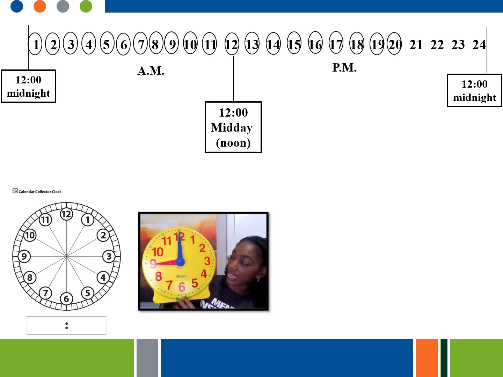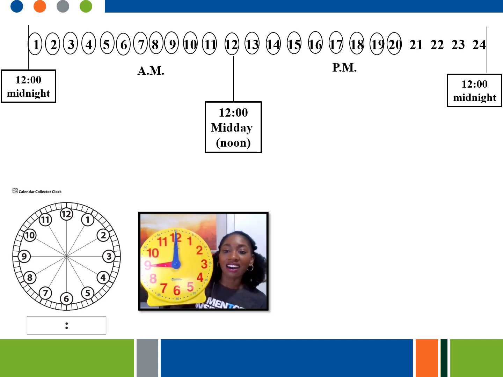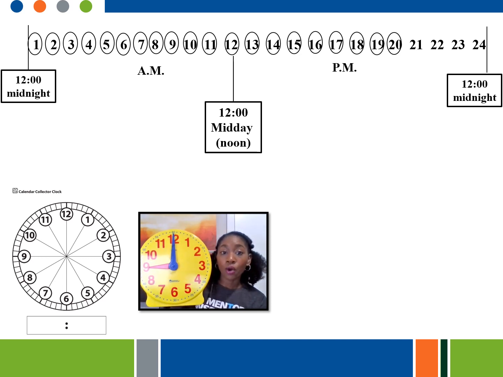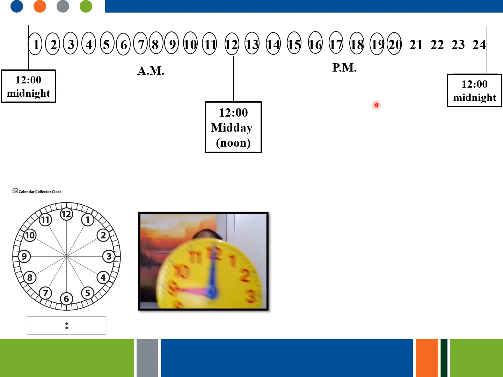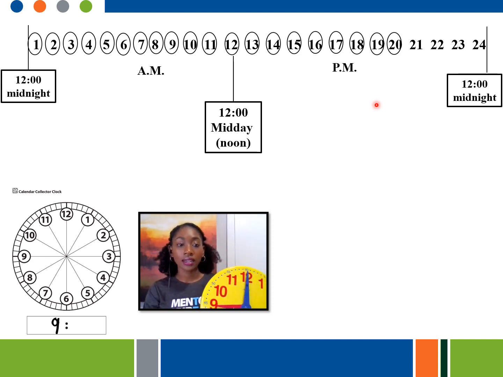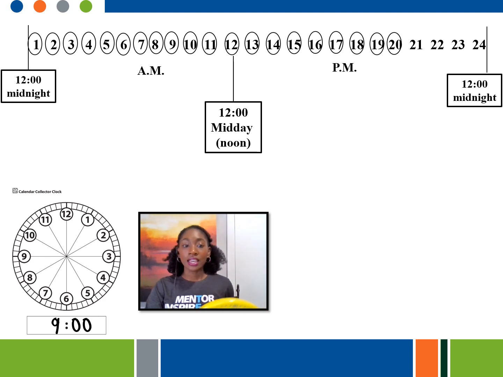So we see now that it is 9 o'clock, and we know that we are in the PM section of our day. So we can actually say that it is 9 p.m. So let's go ahead and add that to our digital clock. And let's go ahead and add that to our analog clock.